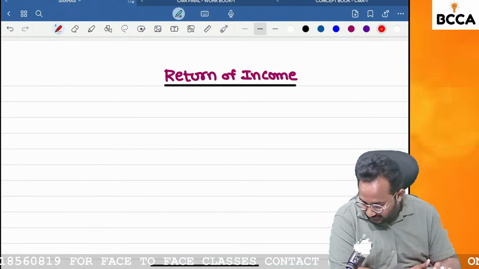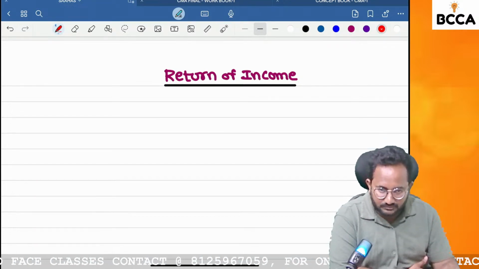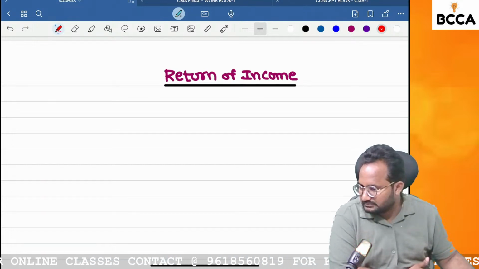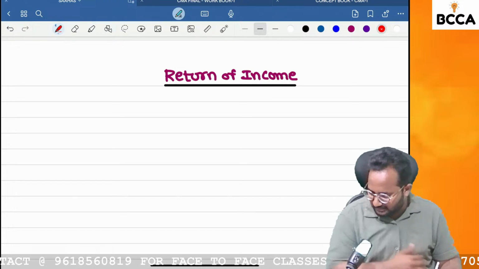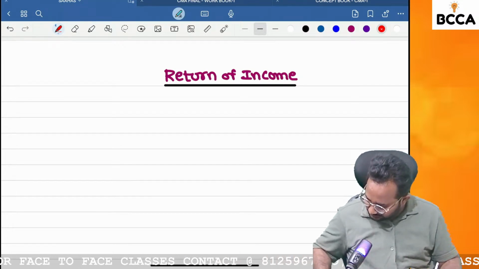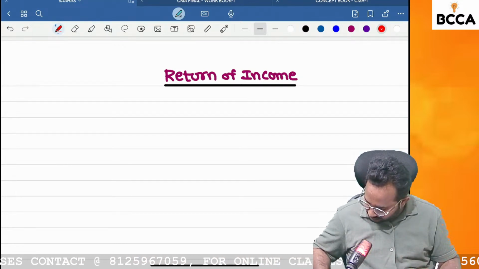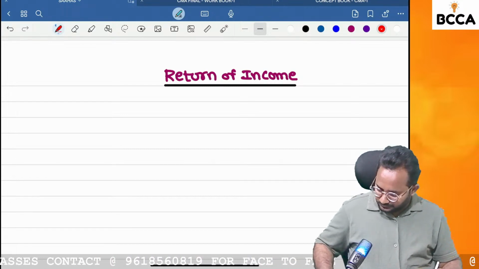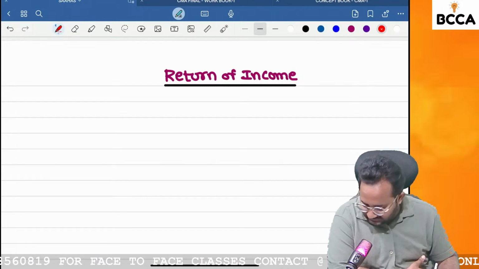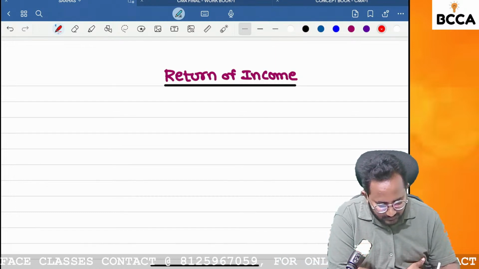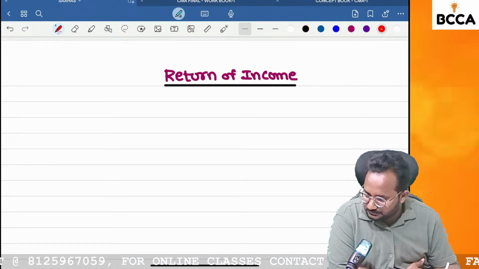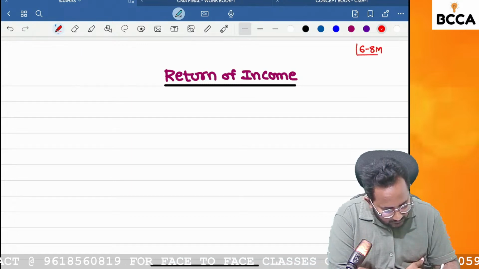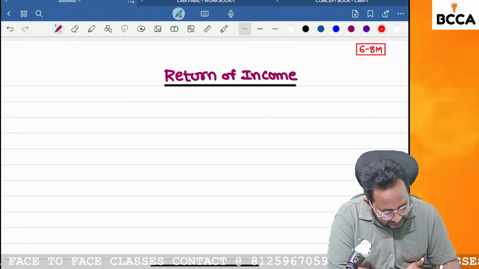First thing, we have to know the weightage. Any idea? Please guess how many marks we can expect from this chapter in every examination. 6 to 8 marks from this chapter.